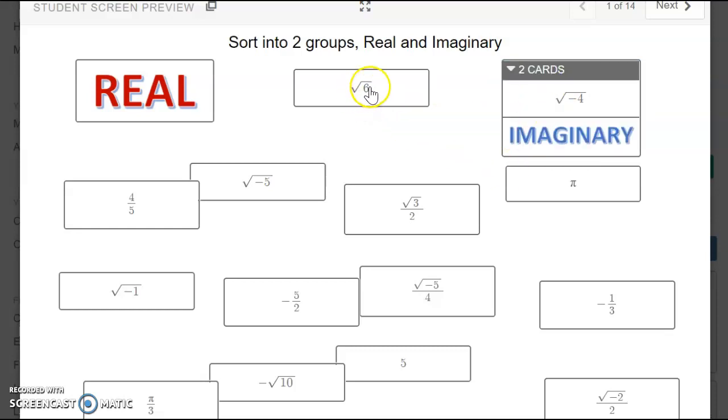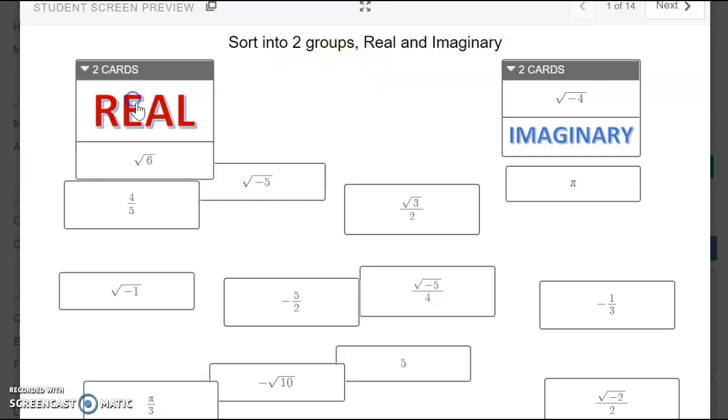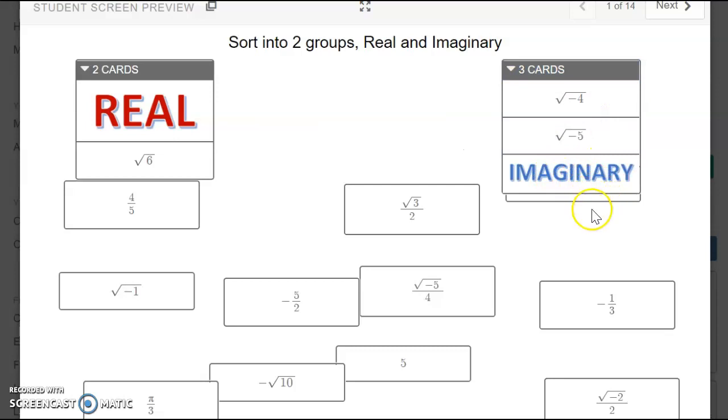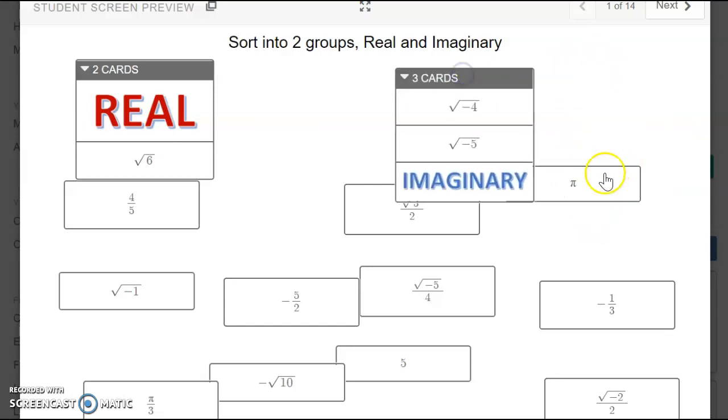Square root of 6. This is positive square root of 6. So this is real. This is just a real radical that you can use on the calculator to calculate. Square root of negative 5, because of the negative in the radical, it's going to be imaginary.